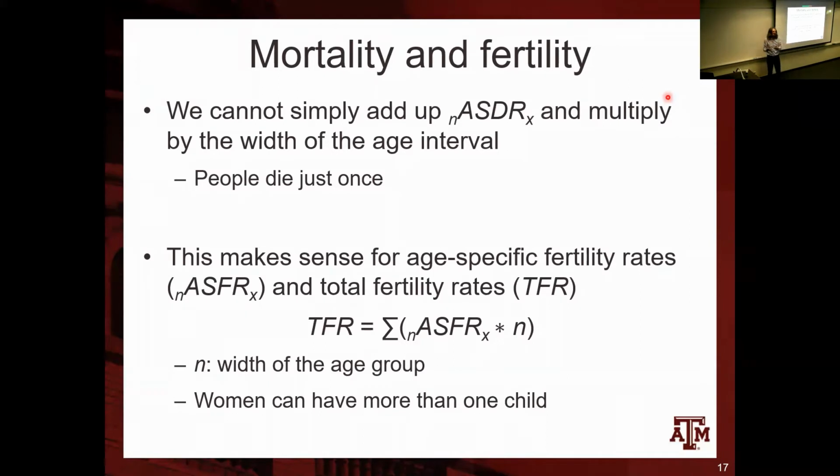That's why we cannot do that same exercise that we did for fertility. So we have to come up with another set of mortality indicators that make sense demographically. Women can have more than one child, so yeah, a TFR greater than 1 makes sense. We cannot die more than once, so this hypothetical total mortality rate greater than 1 would not make sense, right?